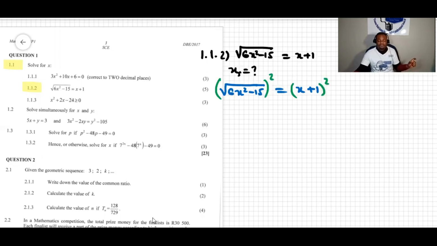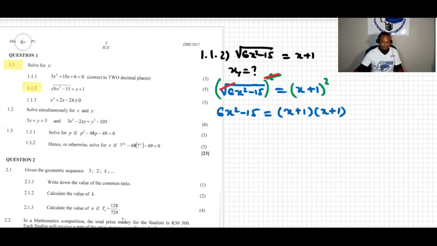Whatever you do on the left, you must also do on the right to make your equation balance out. The power of 2 cancels the square root, so this will be 6x squared minus 15 equal to x plus 1 times x plus 1.